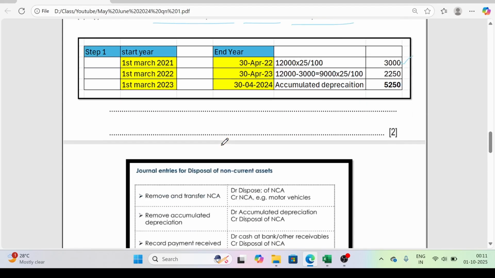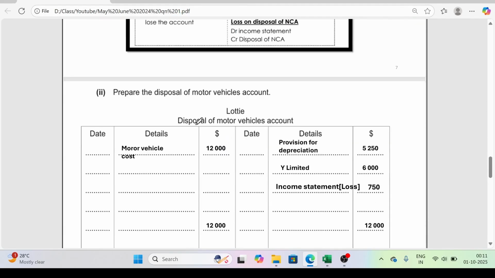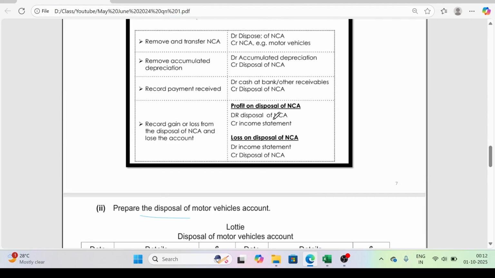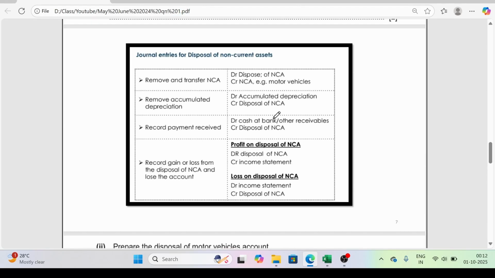Then, very important, the next question is related to disposal. Prepare the disposals of motor vehicle account. Okay, so for the motor vehicle disposal account, we have to learn the journal entries first. For example, motor vehicle, machinery, any non-current asset. Then removing the accumulated depreciation: debit accumulated depreciation, credit disposals of non-current asset.